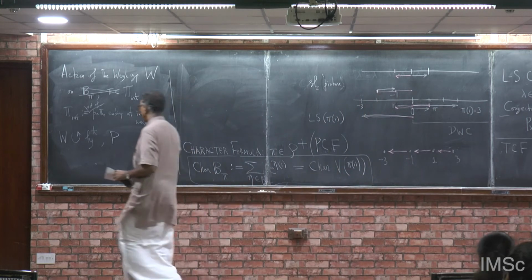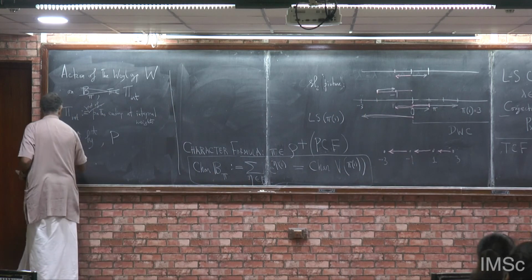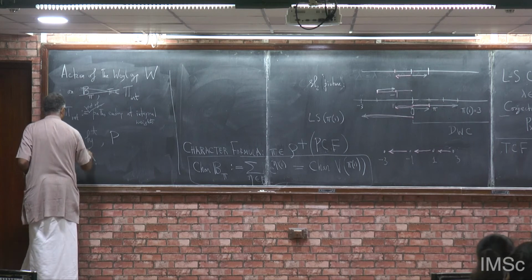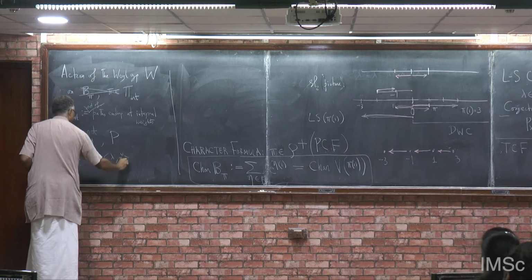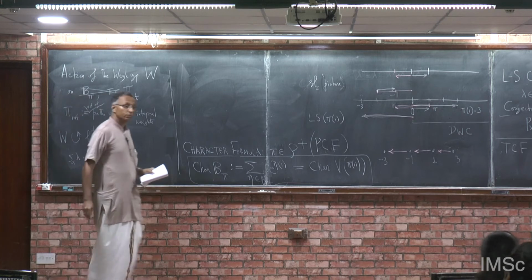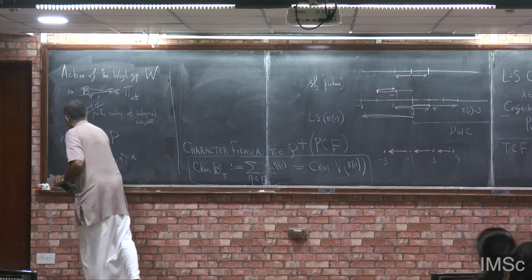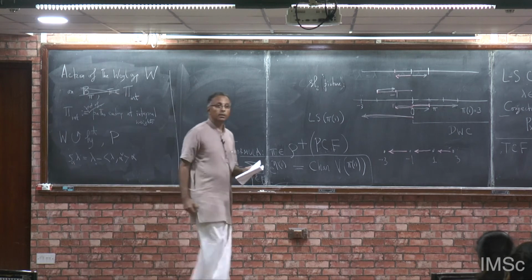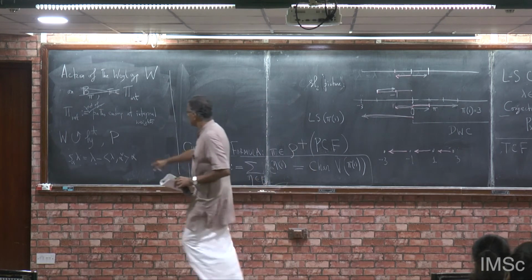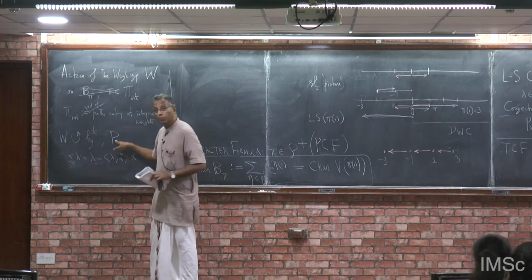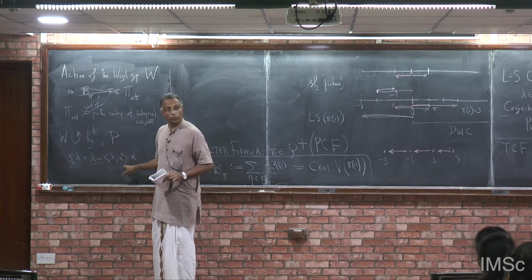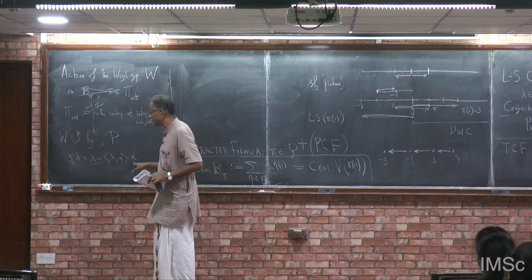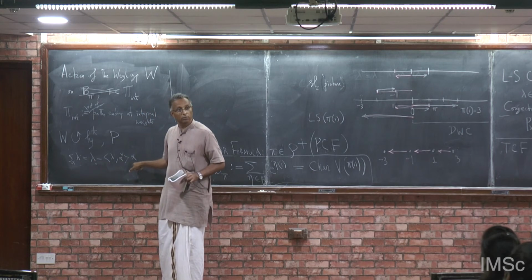Recall S alpha acting on lambda, for any lambda in H star, is lambda minus lambda of alpha check times alpha, right? This is the definition. And so if lambda belongs to P, this thing is an integer, right? So I'll get lambda minus a root.